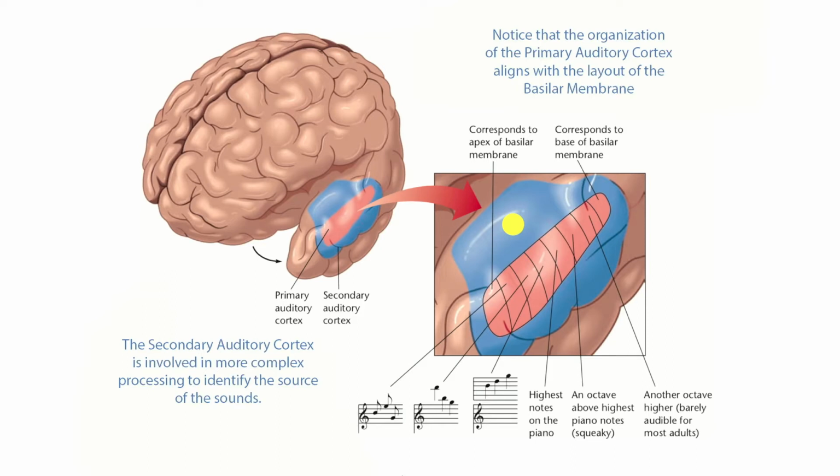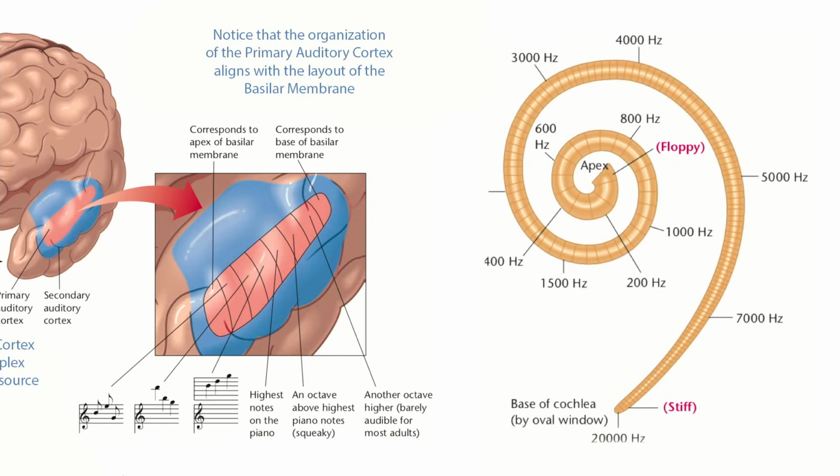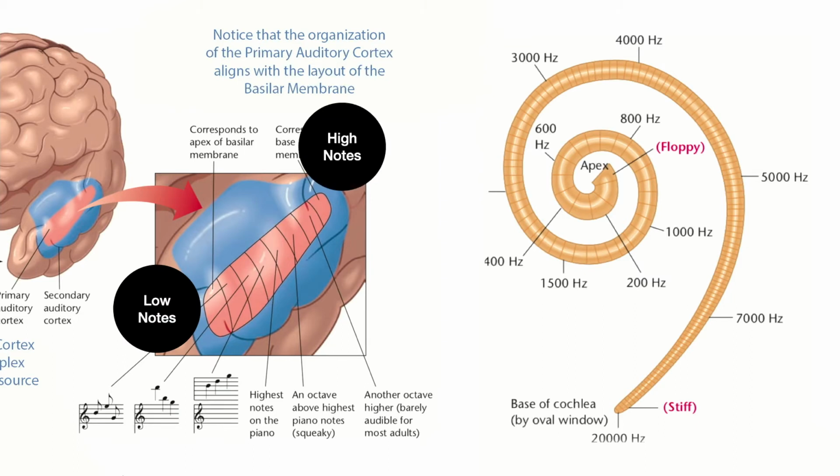Now notice this is similar to the visual pathway in terms of identifying what something is. Now we're identifying what something sounds like. You have the visual pathway into this general area about what something is, and then now we have the auditory pathway into the same area. Now, taking a look at this particular graphic, we can compare it to the basilar membrane, and we know that low notes on one end and high notes on the other end correspond.